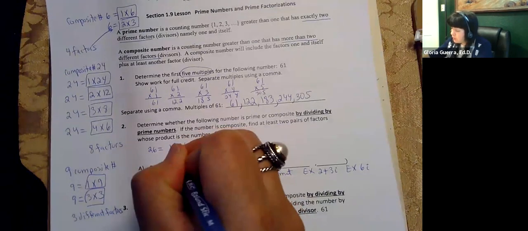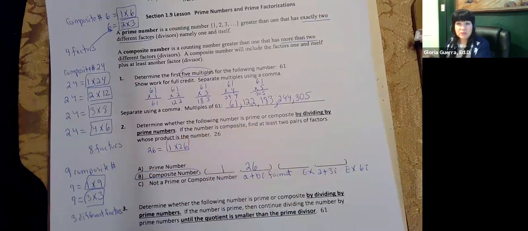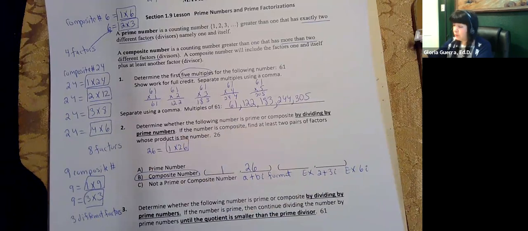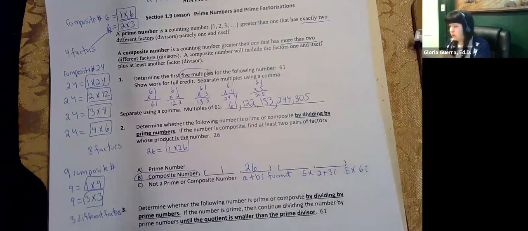Any number is 1 times itself, which gives you back that number. That's always going to be a possibility, a result.